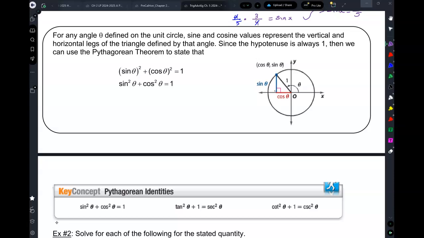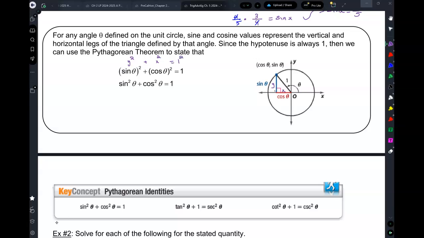These three sides are the x, the y, and the hypotenuse. Using the Pythagorean theorem, y squared plus x squared is equal to 1 squared.